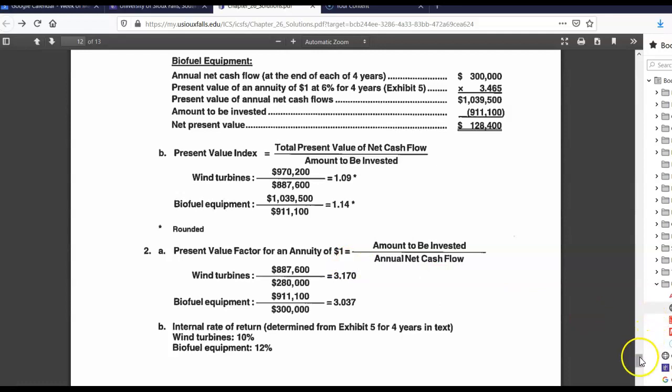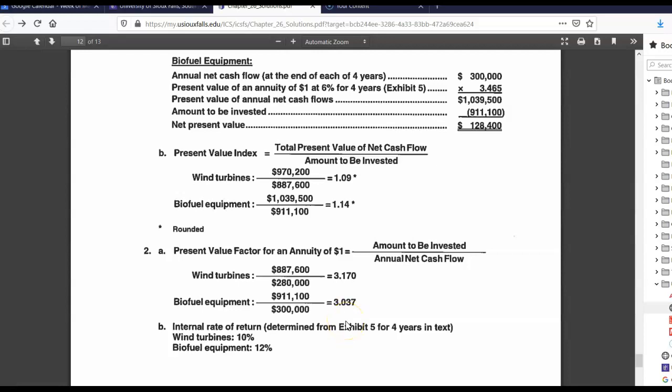So we will now go back to the annuity table in your book, Exhibit 5. Go to the left-hand side for 4 years, looking at 4 periods, walking across to the right. You find the factor 3.17, look up, it's 10%. Again, go 4 years, go across, 3.037, look up, it's 12%.